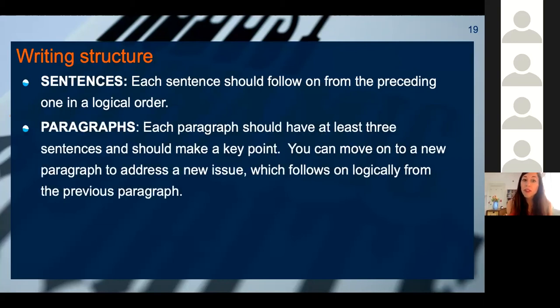And paragraphs are also important. I would recommend that each paragraph should have at least 3 sentences in order to be considered a paragraph, and should make a key point. You can move on to a new paragraph to address a new issue which follows on from the previous paragraph.